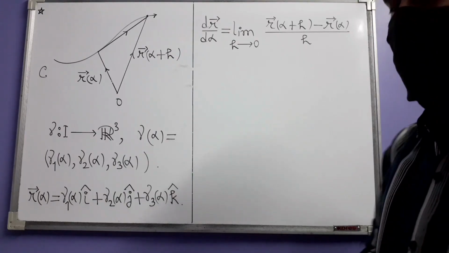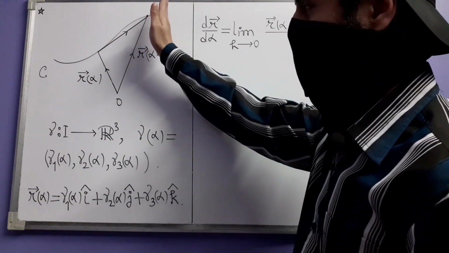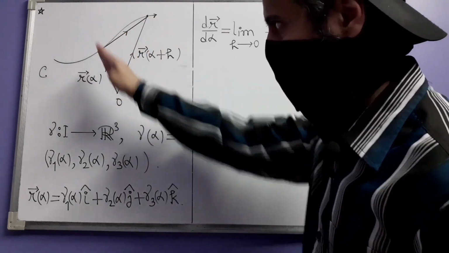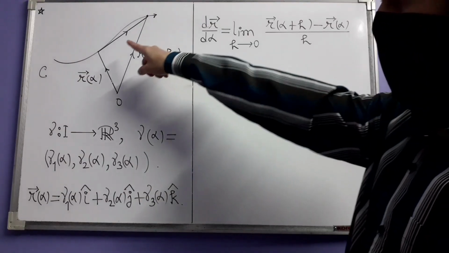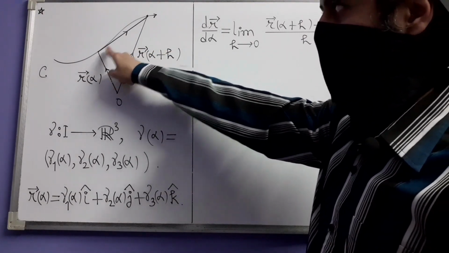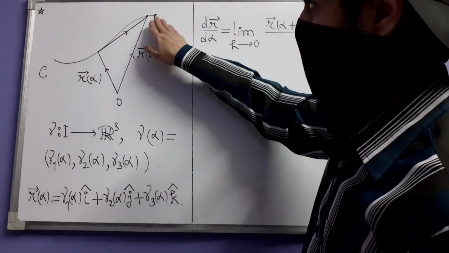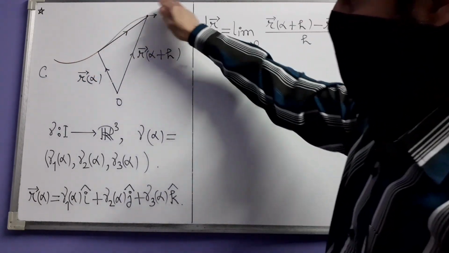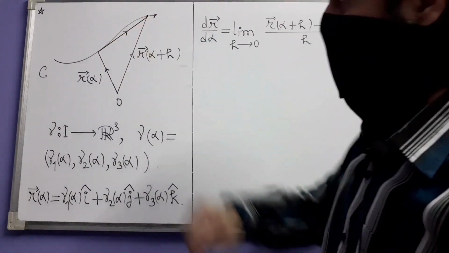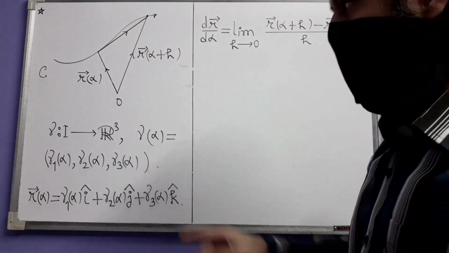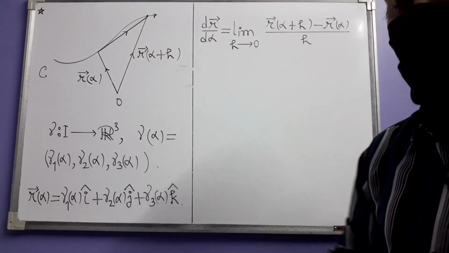Because by the definition of vector addition, this plus this is this. So obviously this will be this minus this, right? Now this is not exactly, although it looks like a tangent to this point, but it's not, okay. It's just that the curve is like this and somehow things got adjusted that it looks like tangent. But you can imagine that it's just a chord of this curve.